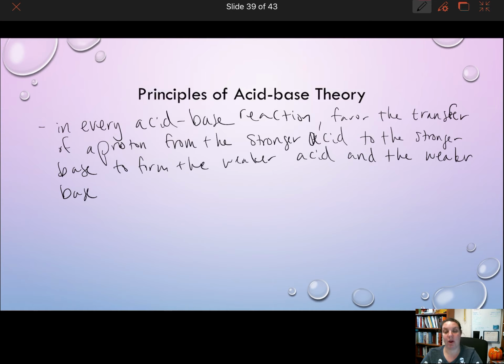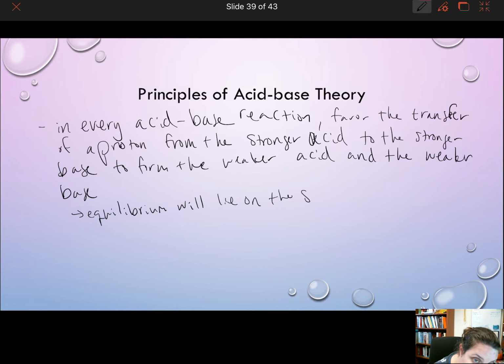We're going to have the greatest amount of weak acid and weak base. Okay, so our equilibrium will lie on the side of the reaction with the weaker pair.